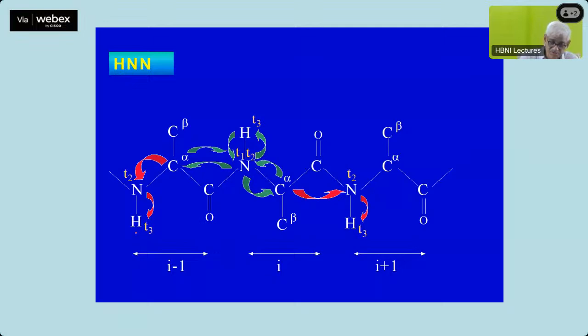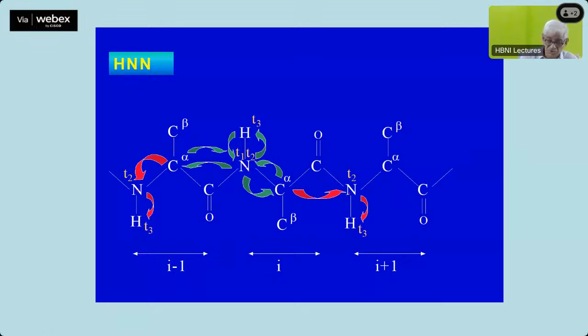The amide proton here, this is T3. And from here, the same way, from the C alpha, you go to this nitrogen. And from this, when you are transferring here, you also transfer back here to this nitrogen. Same here, transfer back to this nitrogen. From this nitrogen, you go to the amide proton. Therefore, when you are labeling the nitrogen, you label this one in T2, this one in T2, and this one in T2.